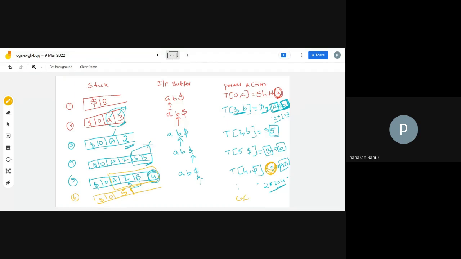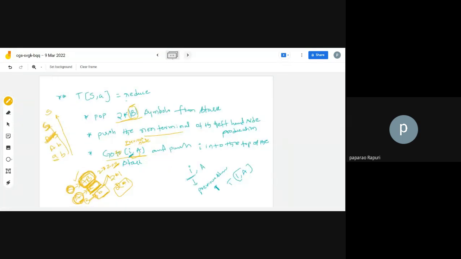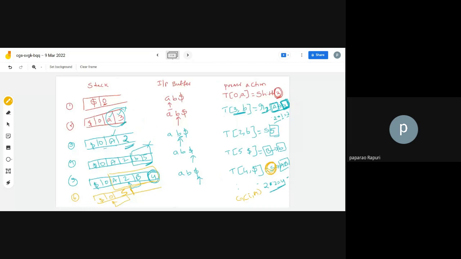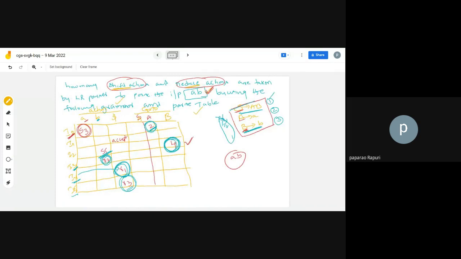Goto of I comma A. Here I is the state and the previous state is 0. So move to goto of 0 comma S. Sorry, sir.